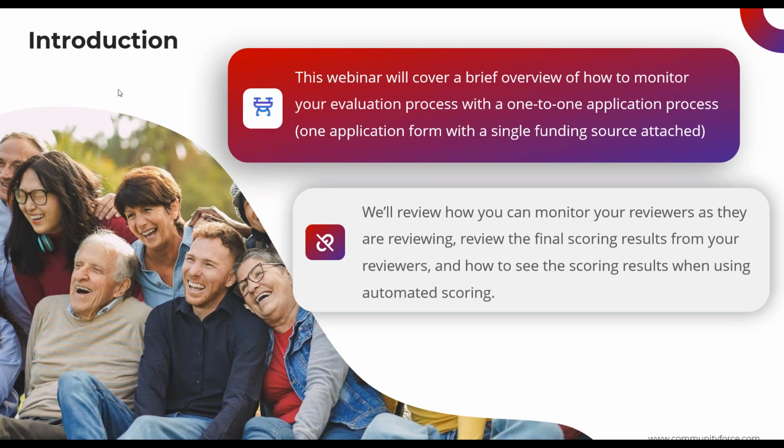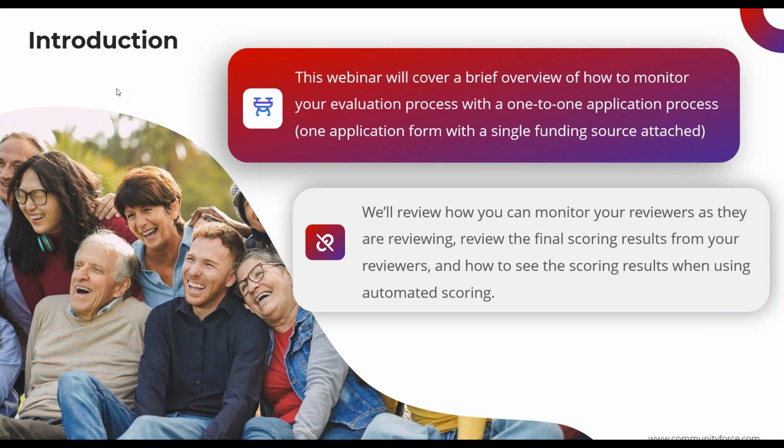Thank you, everyone, and thank you so much, Mehreen, for getting us started and going over how to enter questions. This webinar is going to be a brief overview of how to monitor your evaluation process. Last month, we did the training on how to set up that evaluation process and how to turn it over to your review committee so that they could begin reviewing.